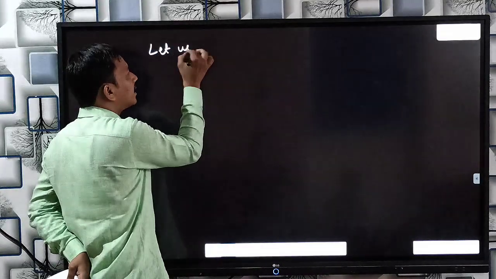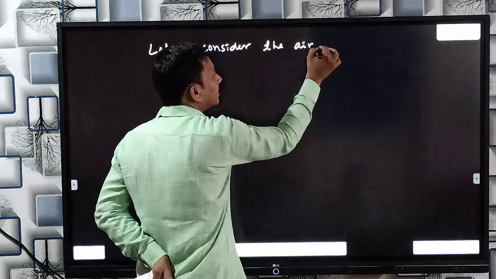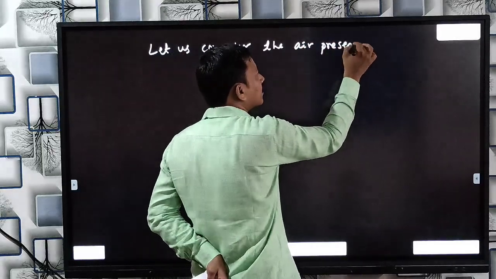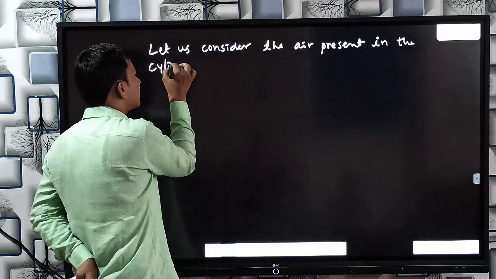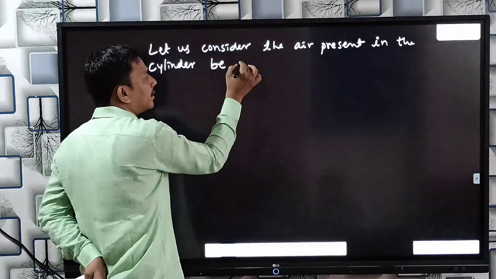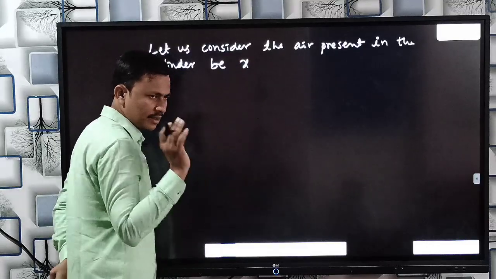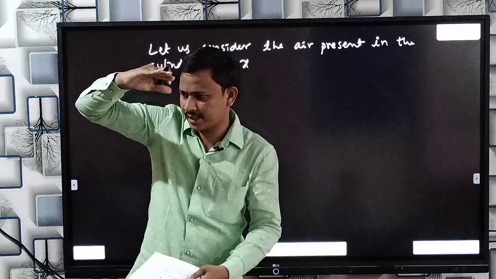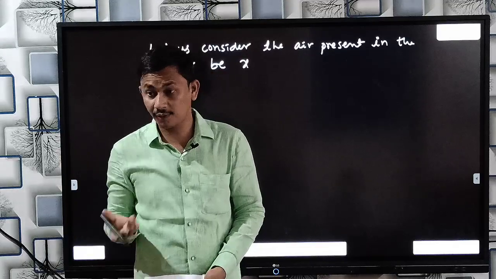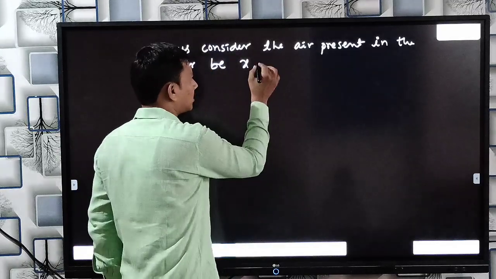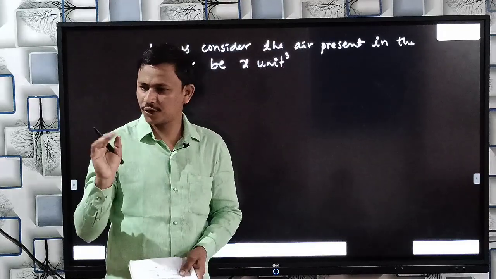Let us consider the air present in the cylinder be x. x is the amount of air present in the cylinder, in meter cube or centimeter cube, unit cube. Because volume is always in cubes.